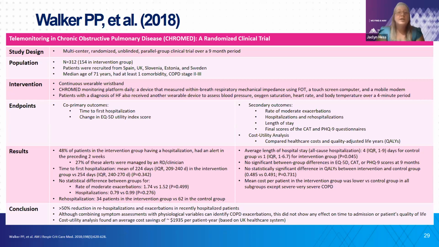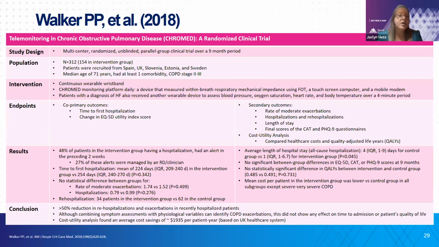They developed an algorithm to generate alerts if the patient's respiratory function was having a worsening trend, and then patients were outreached based on alerts and every 2 to 3 months. Their primary outcome was the time to first hospitalization and the change in EQ-5D utility index score, which is a European quality of life questionnaire.